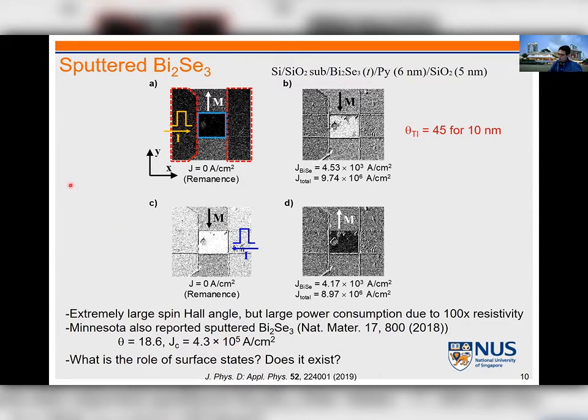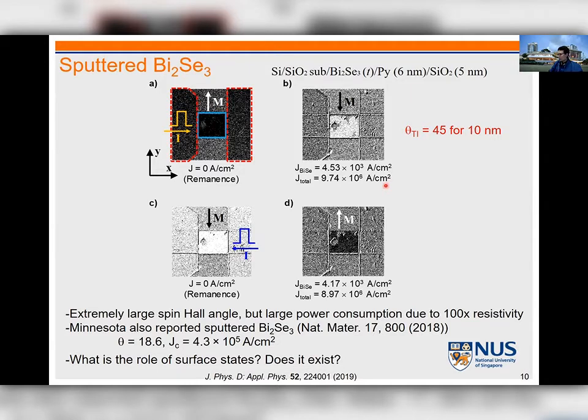So we also tried to grow bismuth selenide using sputtering, and then we found also a very large spin Hall angle up to 45 for 10 nanometer films. And in our case, also a very low switching current density.